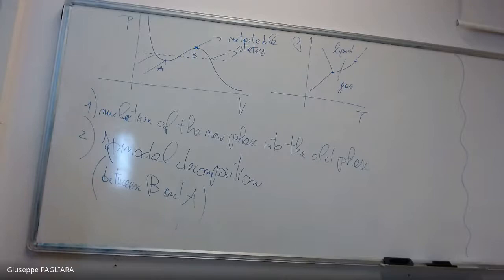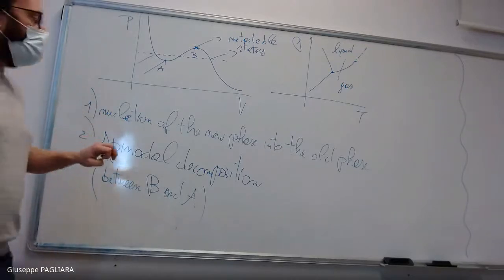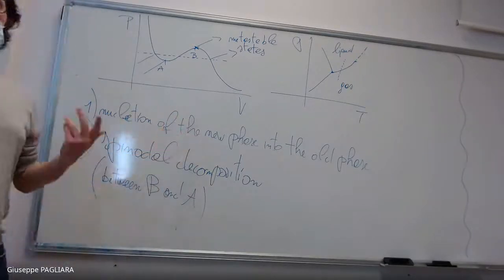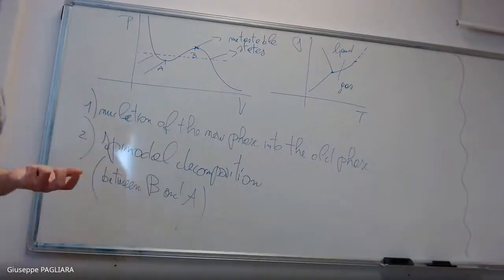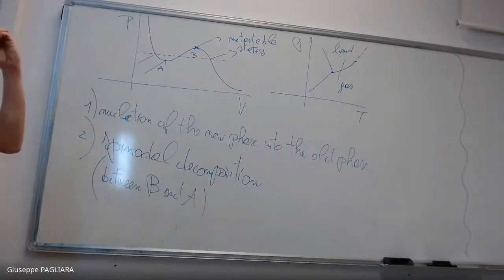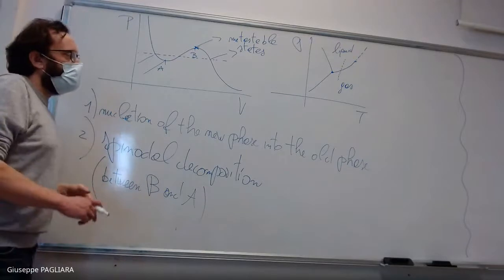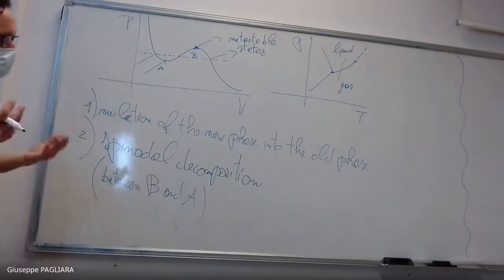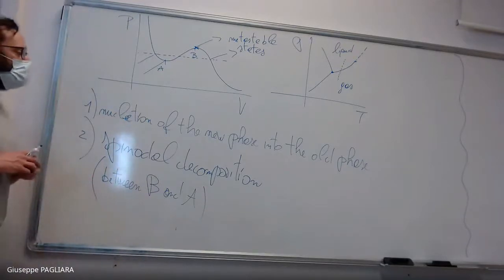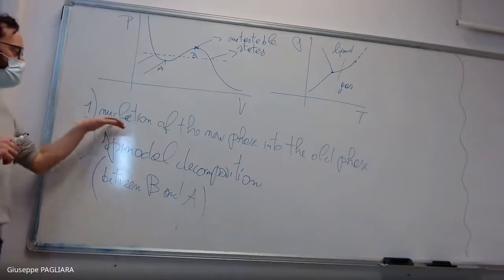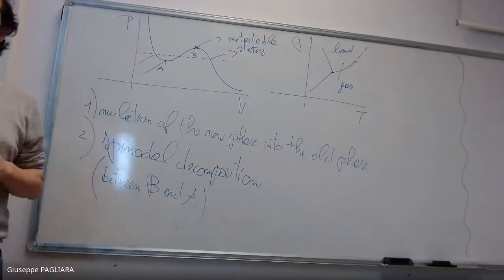So this kind of physics is beyond the thermodynamical description, and it falls into the regime of non-equilibrium statistical mechanics that we will not treat in this course. But it is anyway good to know these names, which are nucleation and spinodal decomposition, what they are.